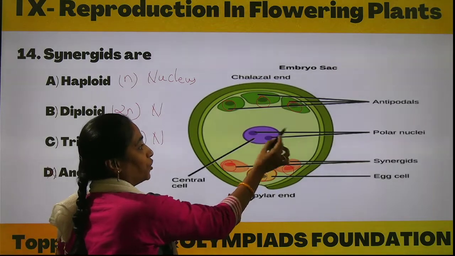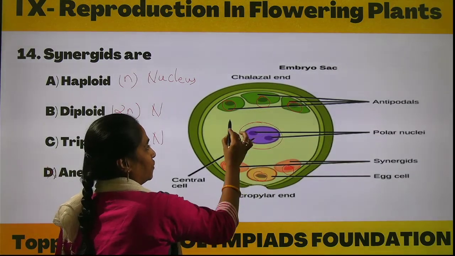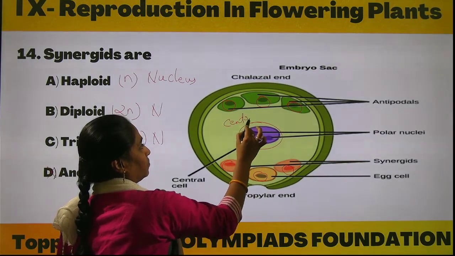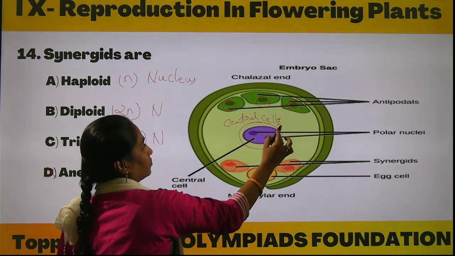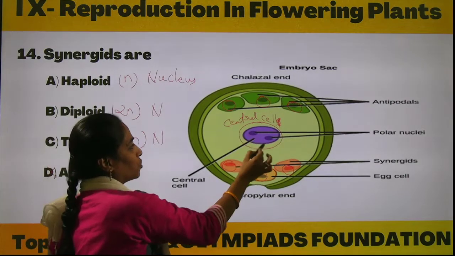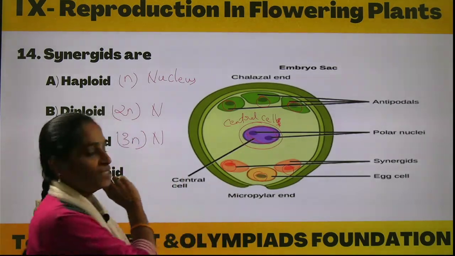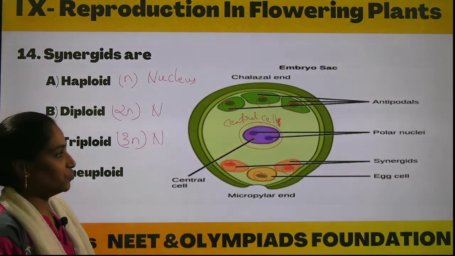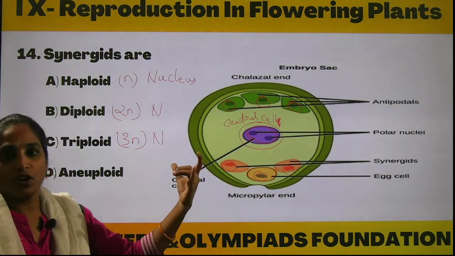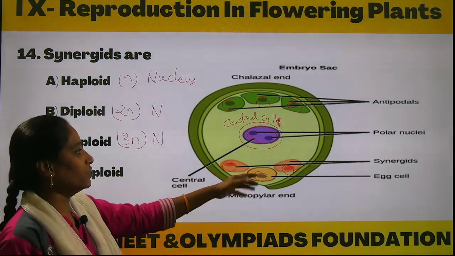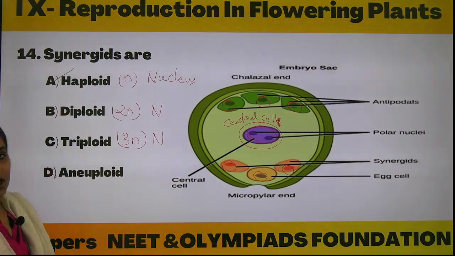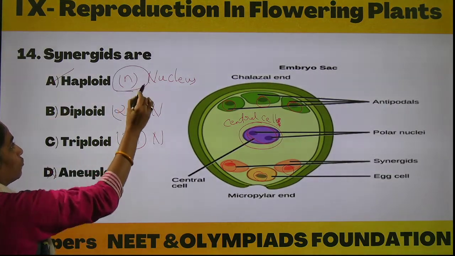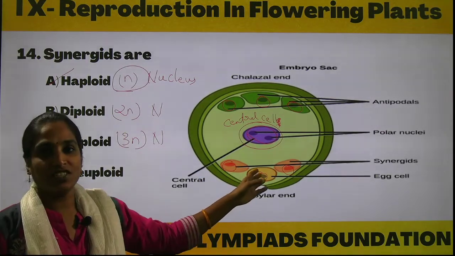The central cell contains 2 polar nuclei. So here he is asking, synergids are in which condition? Based on the count of the nucleus, the synergids are in the haploid condition, meaning a single n number of nucleus is present in the synergid cells.